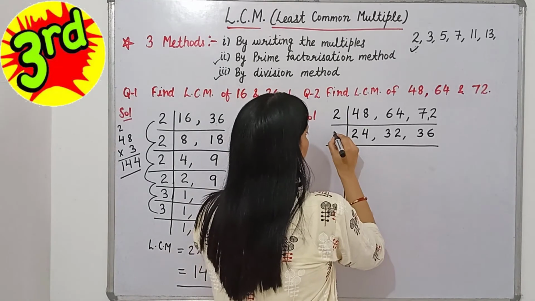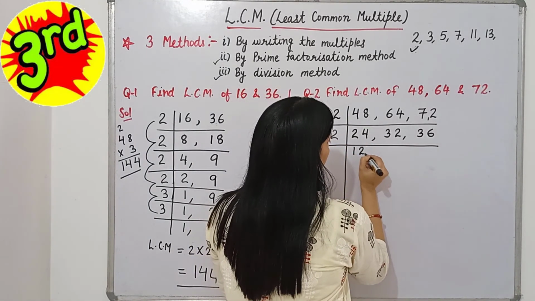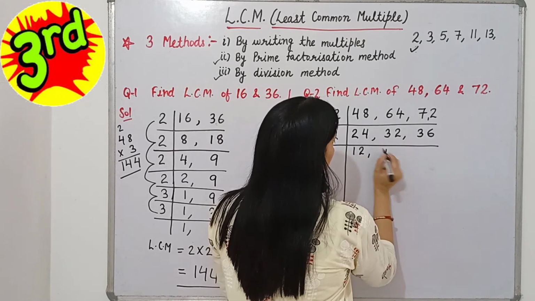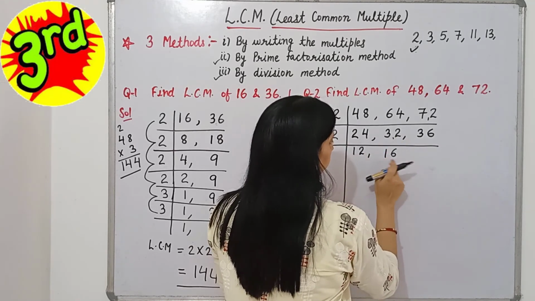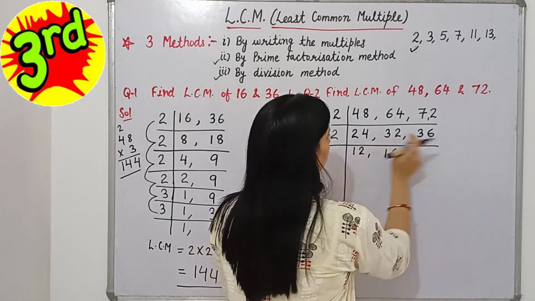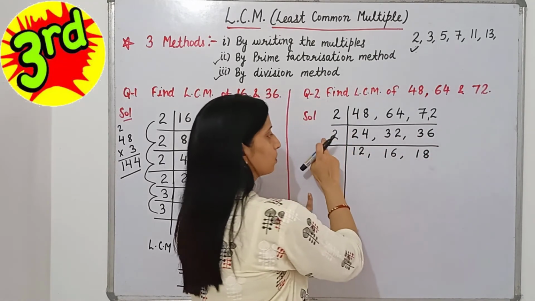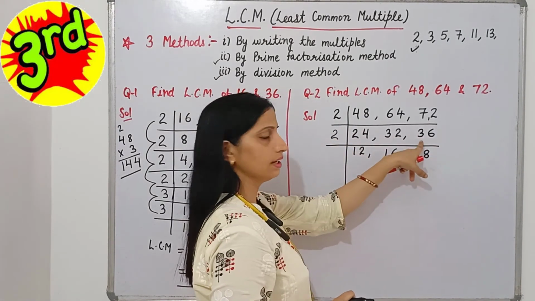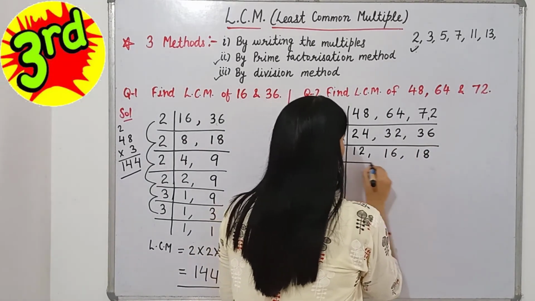We will again divide by 2. 2 1s are 2, 2 2s are 4. Then 2 1s are 2 and 2 6s are 12, because 16 2s are 32. And here we will get 2 1s are 2 and 2 8s are 16. 18 2s are 36. Okay. So these are the quotients that we get.